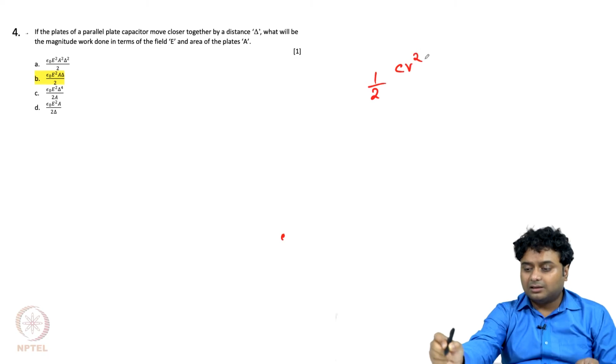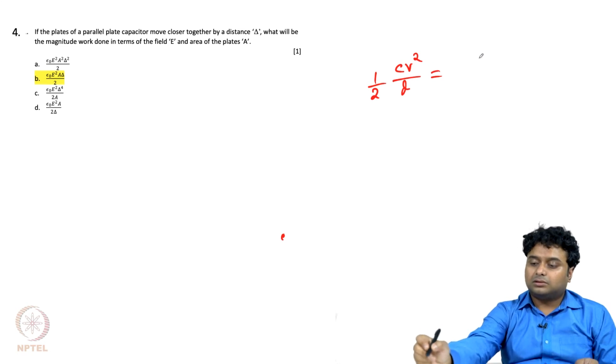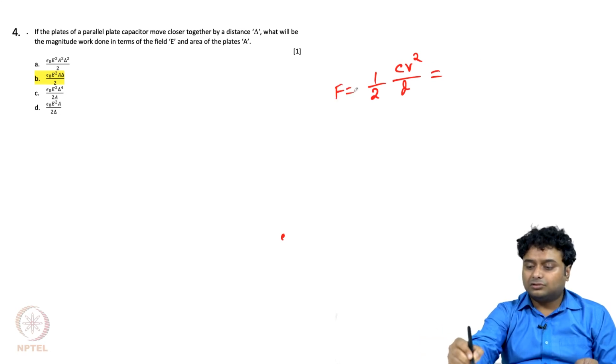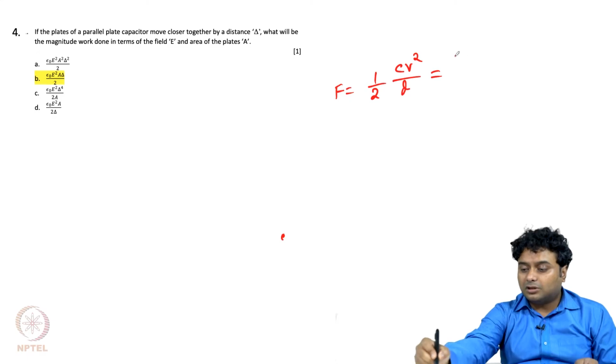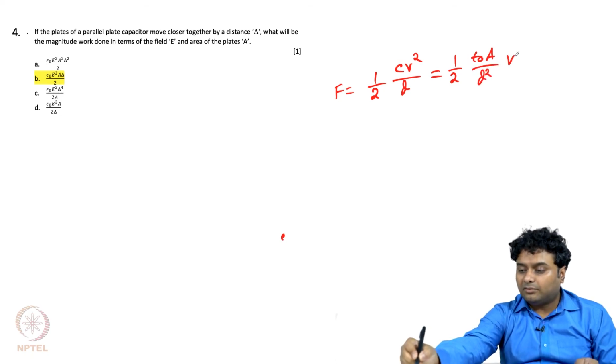Let us say the energy is half CV square, and then the gap d also comes down, right, and then this is the force, then C equals to epsilon naught A by d, so half into epsilon naught A by d square, and then you have V square.